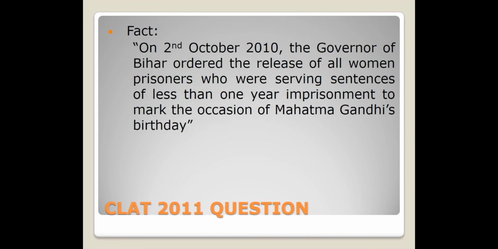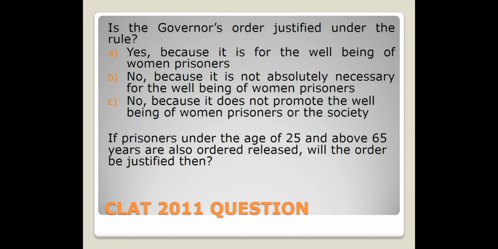Now the facts of this given example are: on 2nd October 2010, the governor of Bihar ordered the release of all women prisoners who were serving sentences of less than 1 year imprisonment to mark the occasion of Mahatma Gandhi's birthday. The question: is the governor's order justified under the rule? And these are your three options.